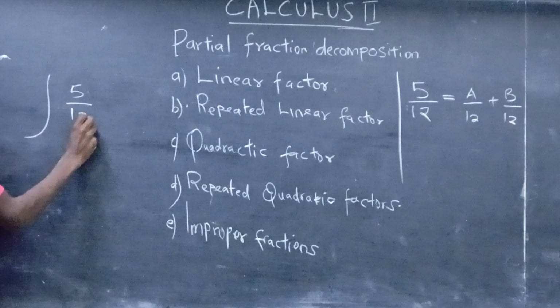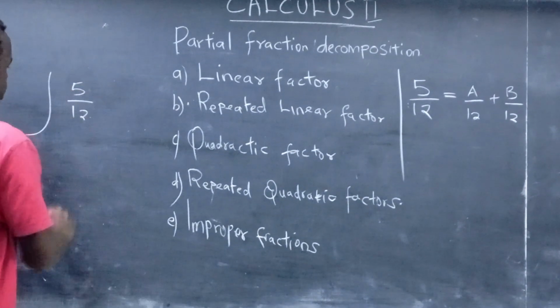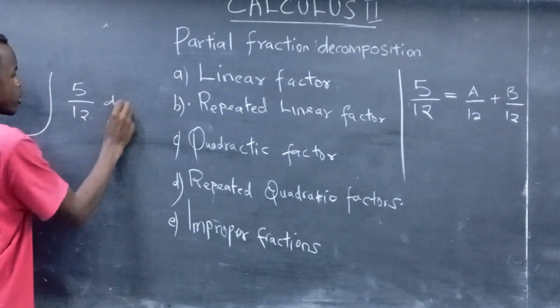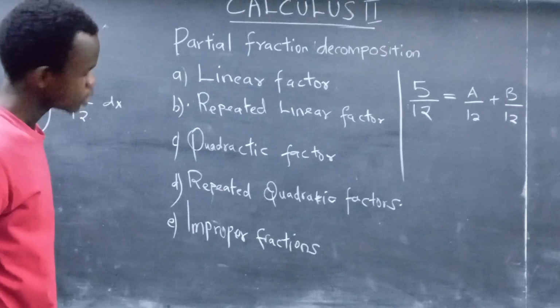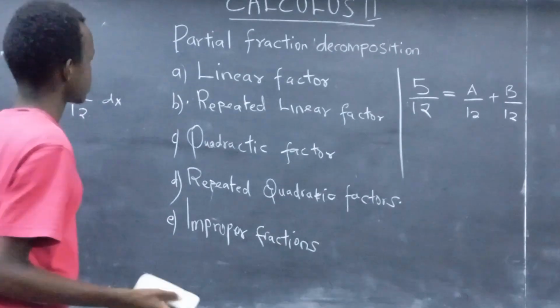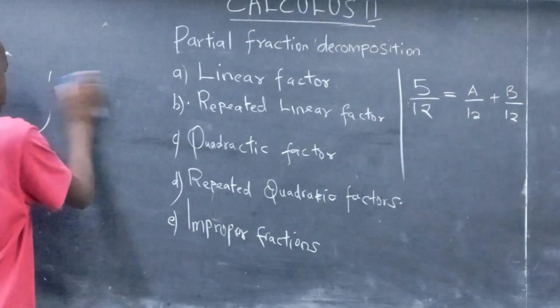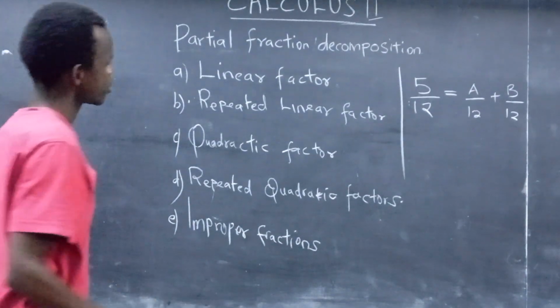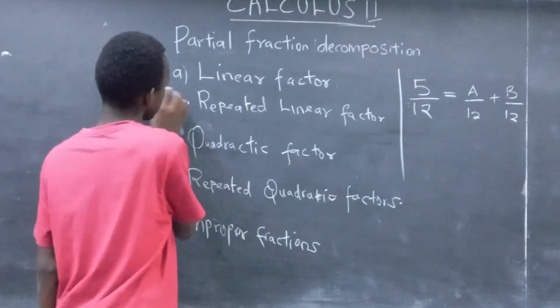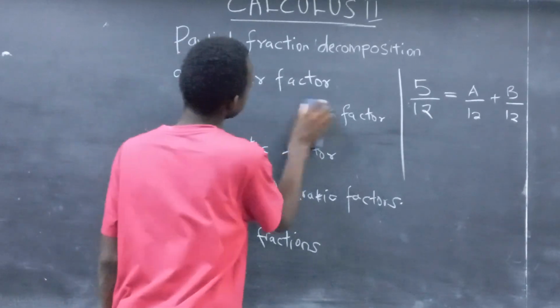I'll start with the linear factors and explain what they are using an example. Then from the linear factors, we go to the repeated linear factors and so on.